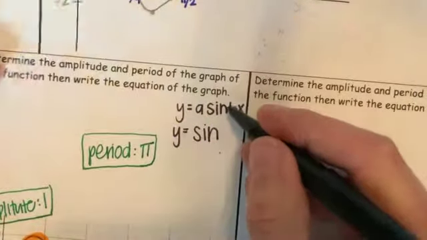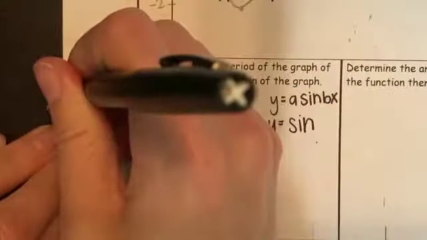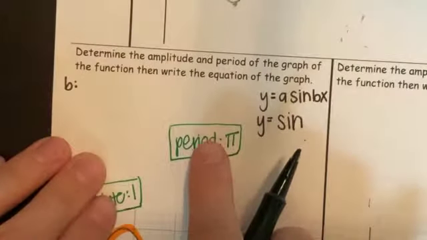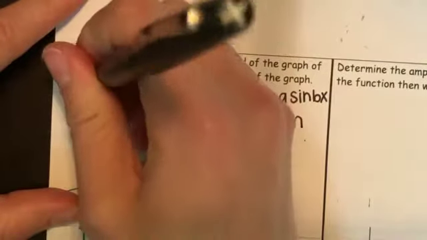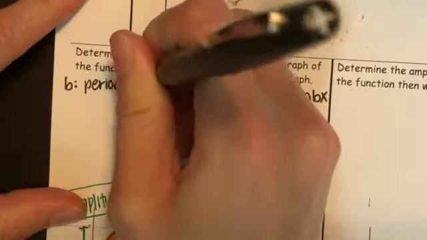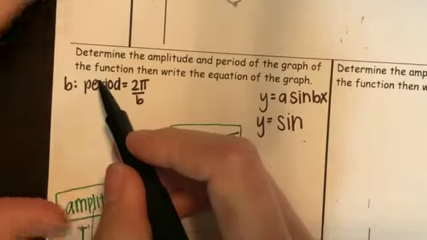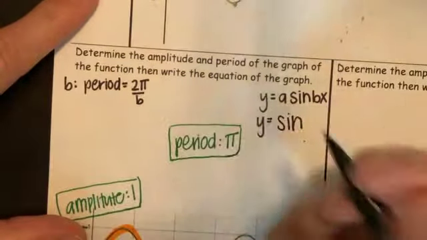Now I need to determine my b. If you guys remember, this is how we're going to find the b value. We'll do it over here. We had a formula that said the period is equal to 2 pi over b. So I have the period value so that I can find b.